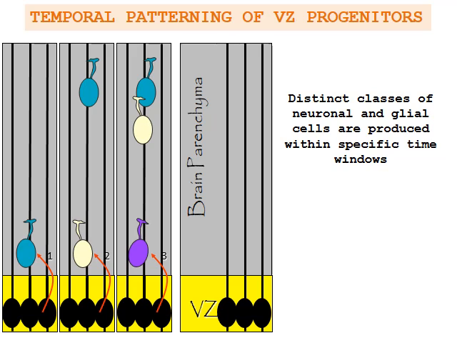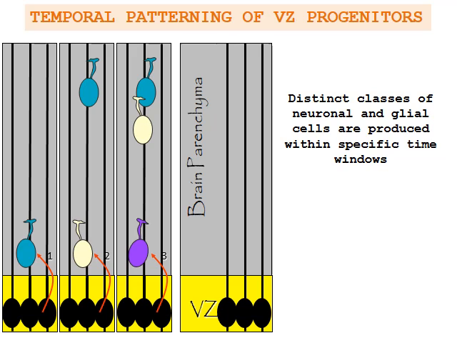As a further complication of this picture, the cell fate potential of ventricular zone progenitors does not only change in space, but also in time. Indeed, since the introduction of thymidine analogues in the 50s, it is well known that neurons are produced in a definite sequence and in specific time windows.